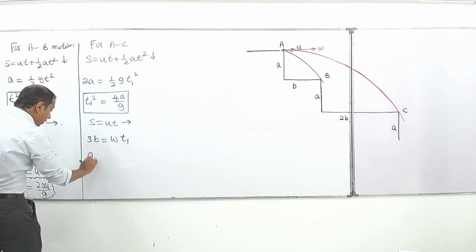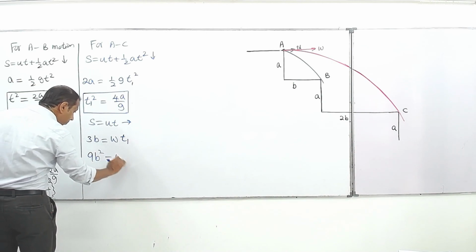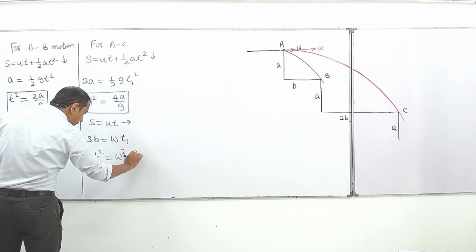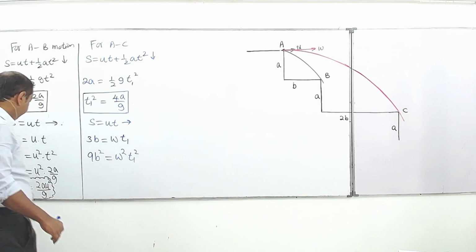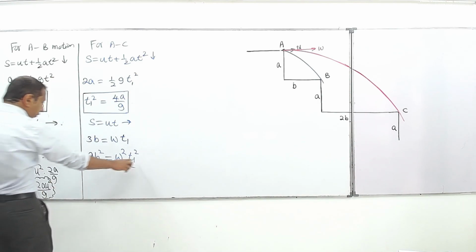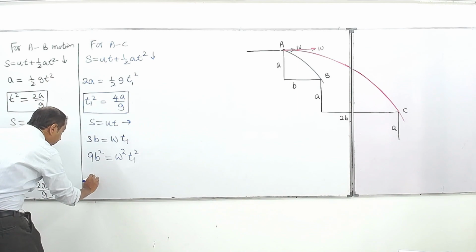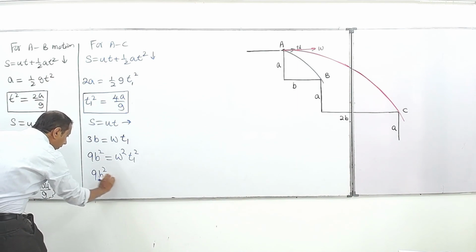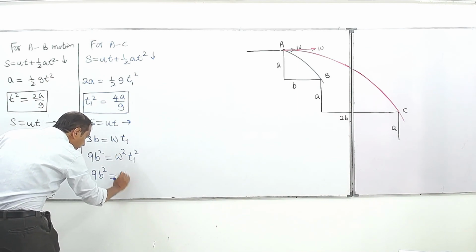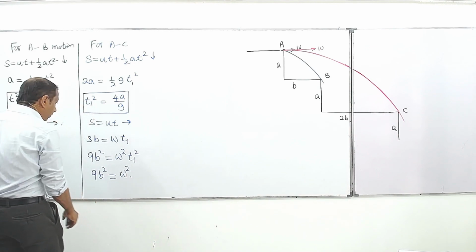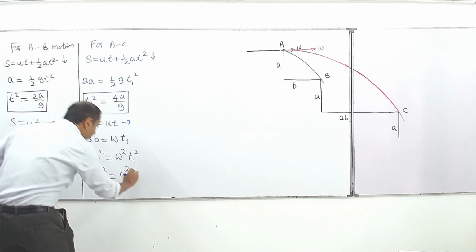Now square this: 9b squared equals w squared t1 squared. Substitute for this t1 squared: 9b squared equals w squared times 4a over g.